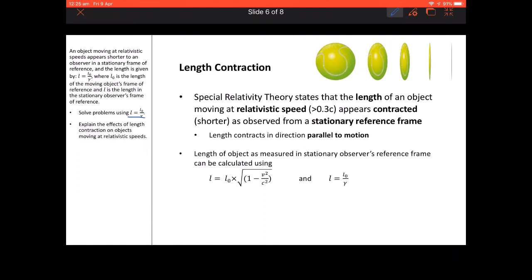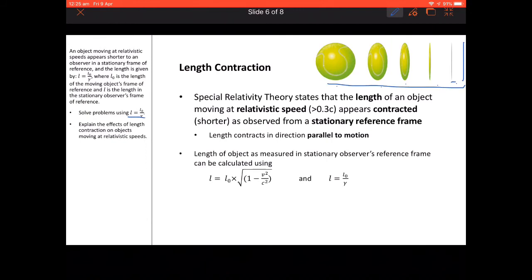So we can see with our tennis ball up here, this tennis ball would be travelling at different speeds, and as there's less and less width to it, it would be travelling at a higher fraction of the speed of light. And you can see that it's only contracting horizontally. It's still got the same vertical length, so it must be moving horizontally, and so it's only contracting parallel to that horizontal motion.